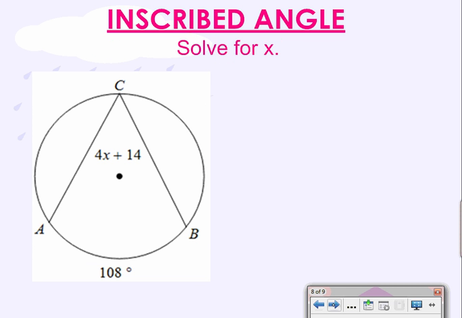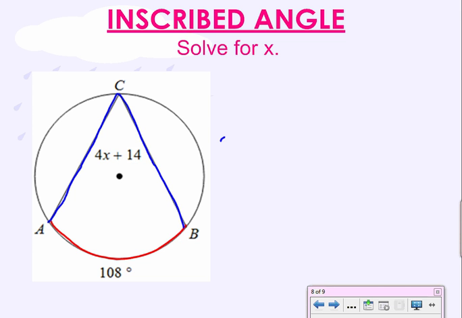Now here they're asking us to solve for x. I'm going to do exactly the same thing as before. I'm going to trace my arc. Then I'm going to trace the angle created from my arc. And I'm going to set up my problem.